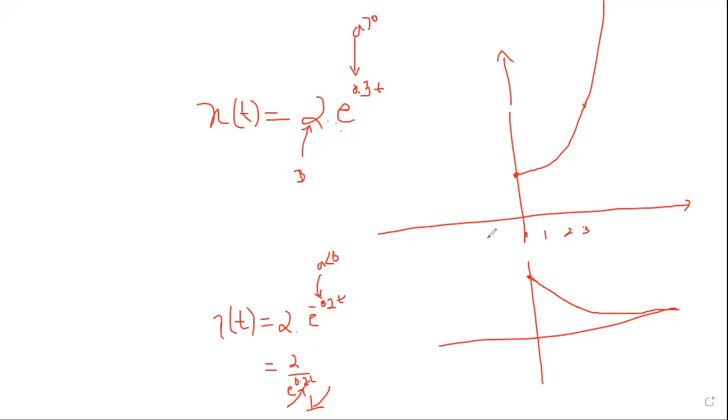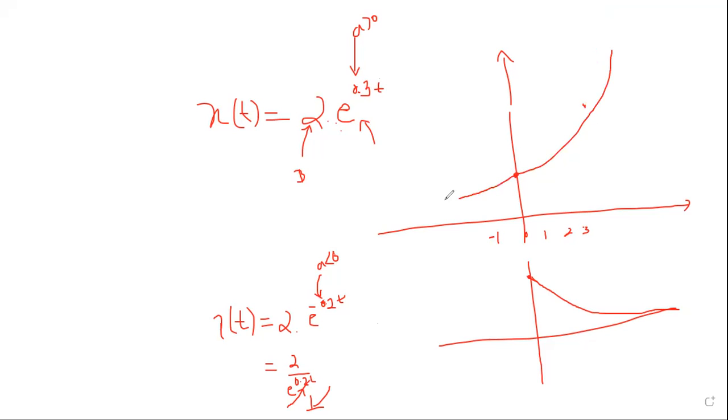Now somebody tell me, for t equal to minus 1, what's going to happen? We are going to get 0.73. That means it is going to reduce. It is less than 2, right? So on the right side, we had a growing exponential.